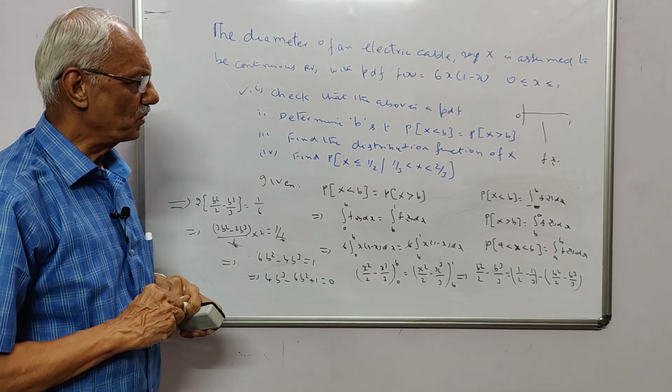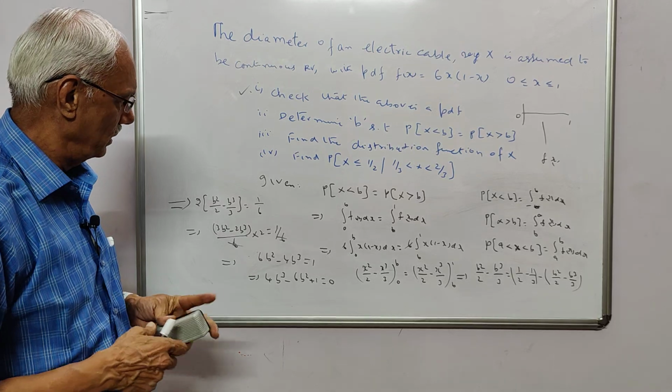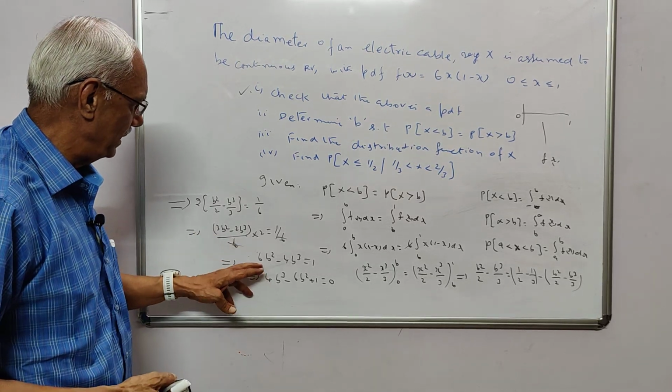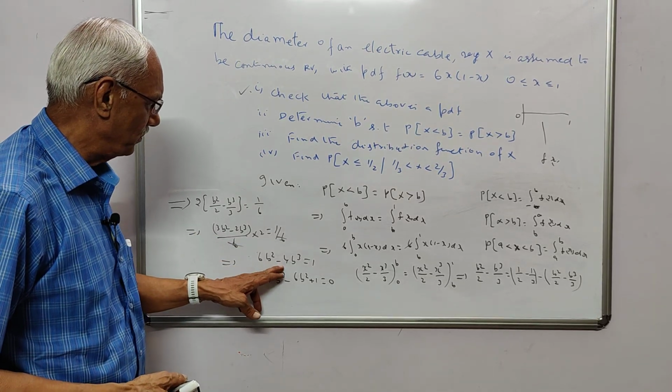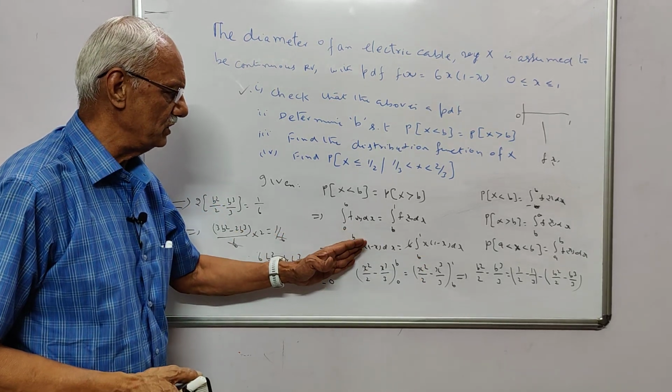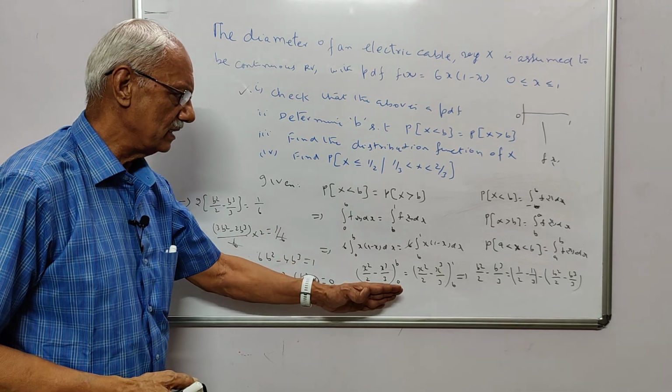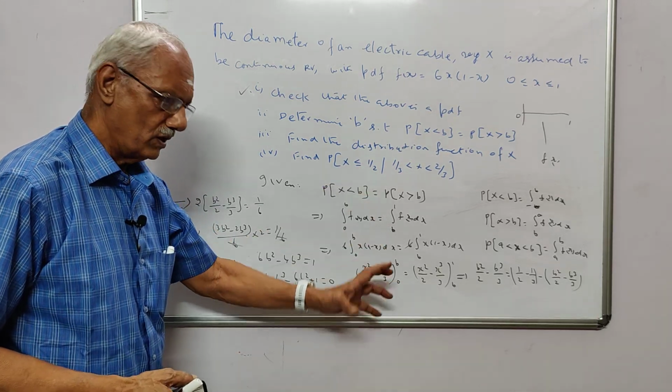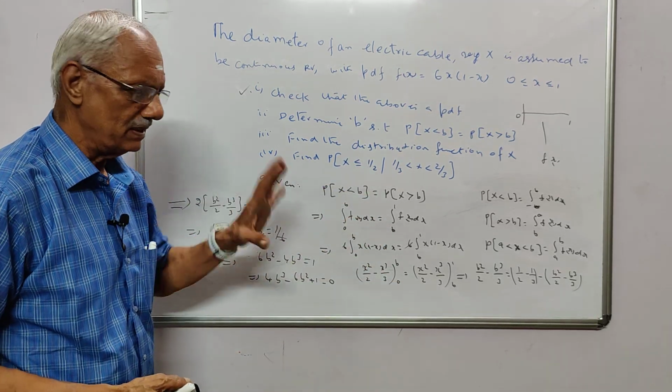You can approach this problem in another way also. I am getting 6b squared minus 4b cubed; these are all very ordinary integration, substitution and algebraic simplification, nothing more.